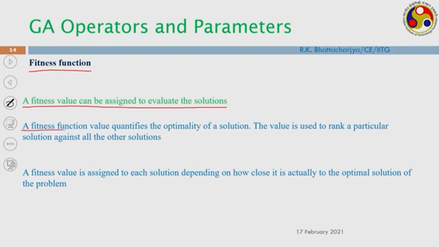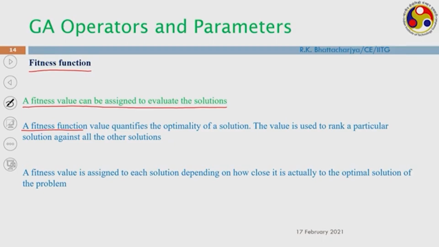A fitness function value quantifies the optimality of a solution. So we are trying to quantify the solution. The value is used to rank a particular solution against all other solutions.